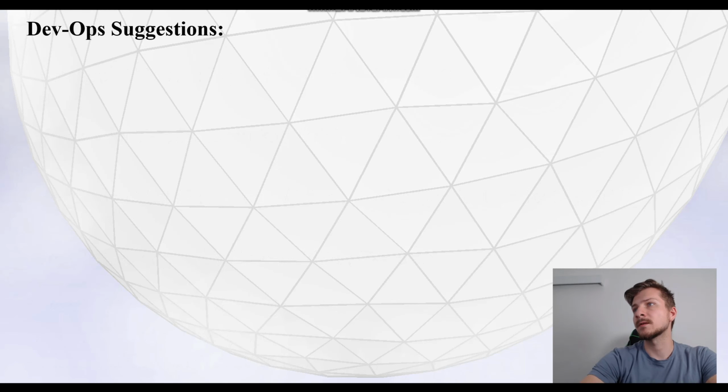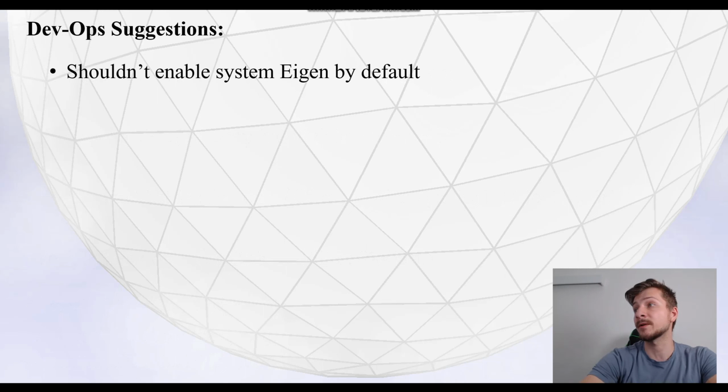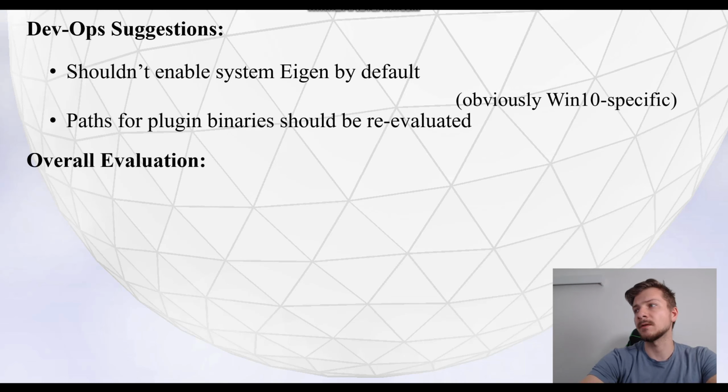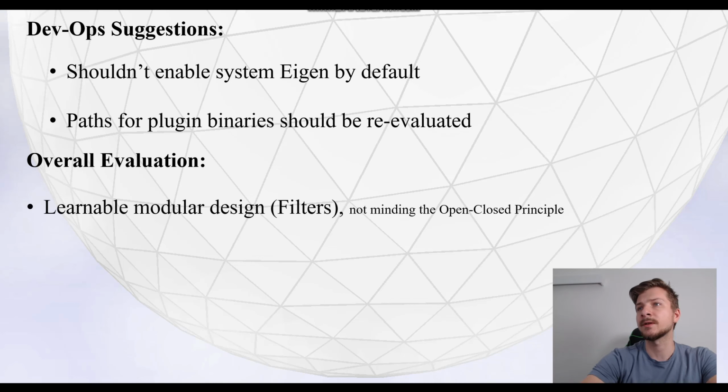Now, some suggestions for the DevOps side. The system Eigen parameter shouldn't be enabled by default. The paths for the plugin binaries should be reevaluated. Also, in terms of the overall evaluation, MeshLab has a pretty learnable modular design for the filters.